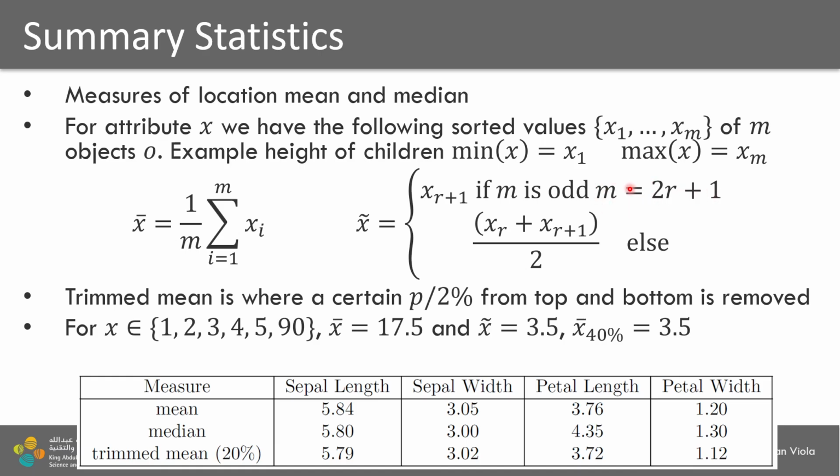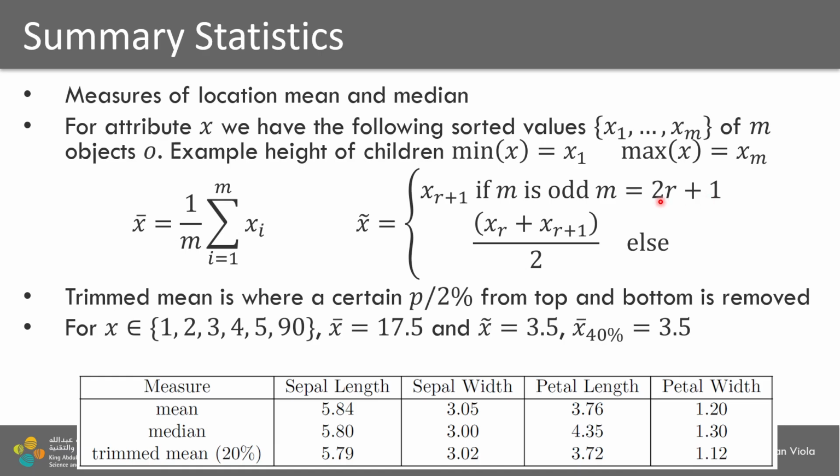This means that the total number of data objects, if we go across the attribute, is m, and it is 2 times r plus 1.